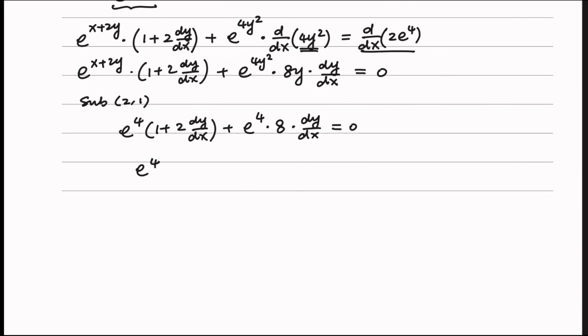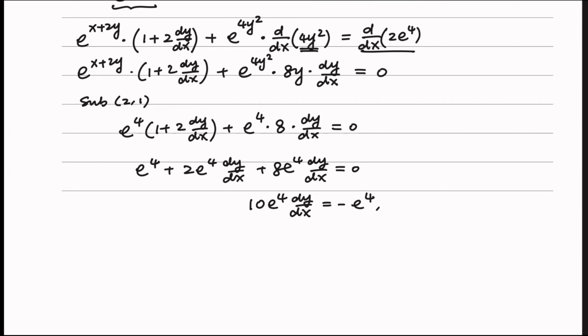Then you get e to the power 4 plus 2e to the power 4 dy/dx plus 8e to the power 4 dy/dx equals 0. So altogether you get 10e to the power 4 dy/dx equal to minus e to the power 4. Then you divide everything, cancel that, and get a minus 1. And dy/dx is simply minus 1 divided by 10.